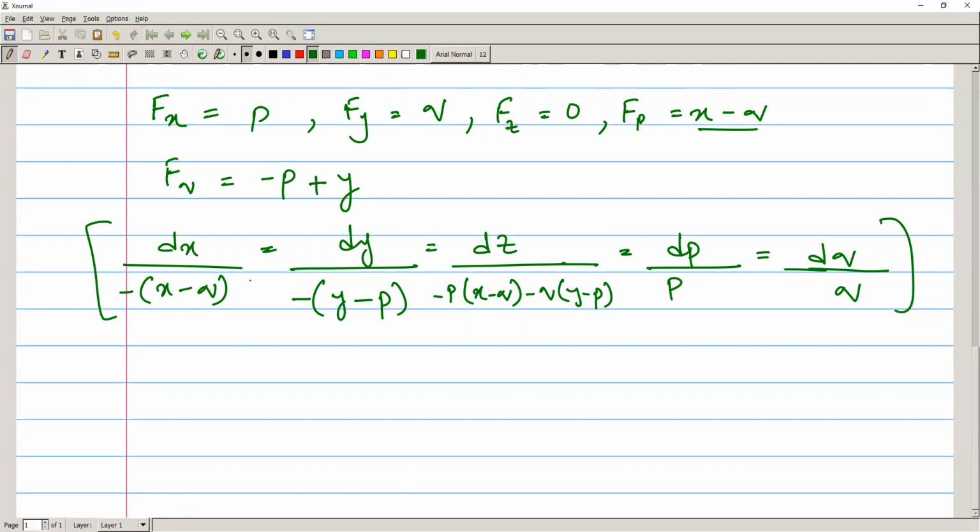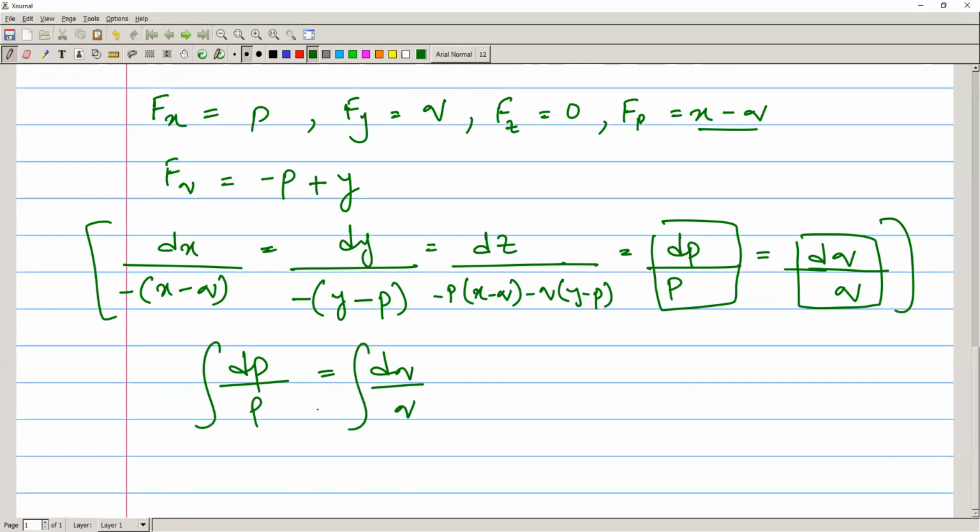And if you look at this equation, this is also negative (y minus p). It's also difficult to solve because a lot of variables are involved here. But the simplest equations we can see are dp over p and dq over q. So we can take the couple and solve this equation simply by integrating.